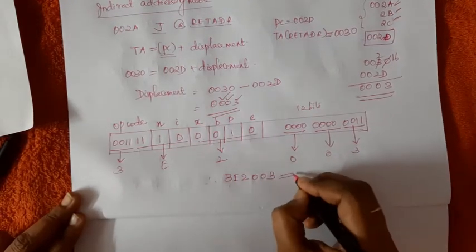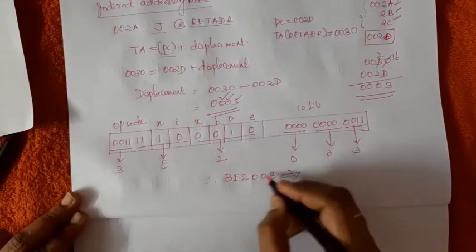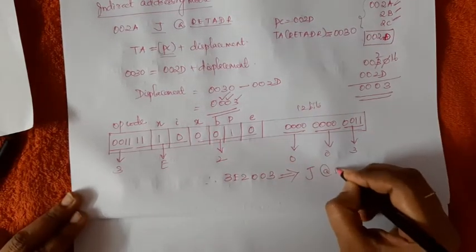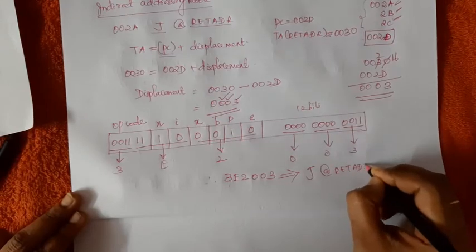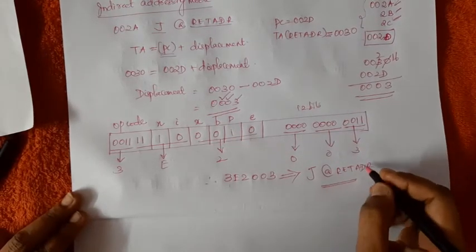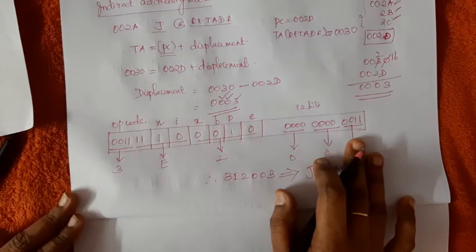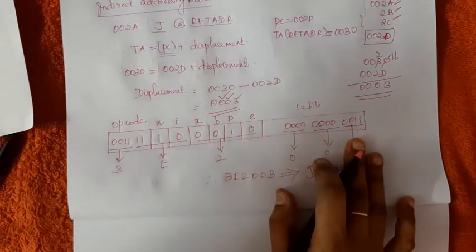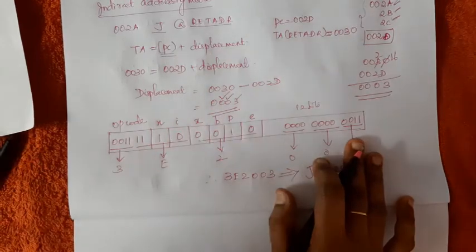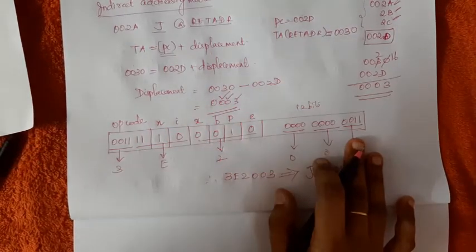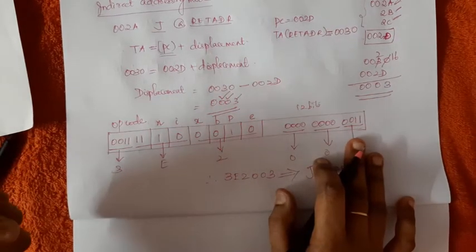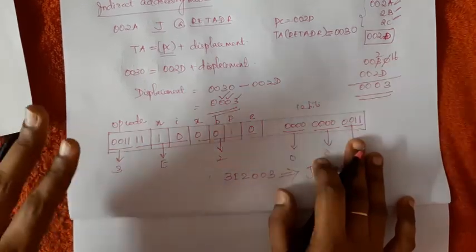The assembler generated this object code for instruction J at RETADR. So this is indirect addressing mode. We have seen indirect, immediate, indexed, base relative, and program counter relative addressing modes. Totally 5 addressing modes we have seen.